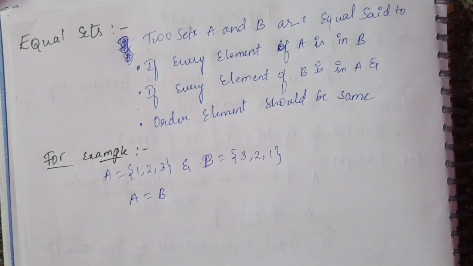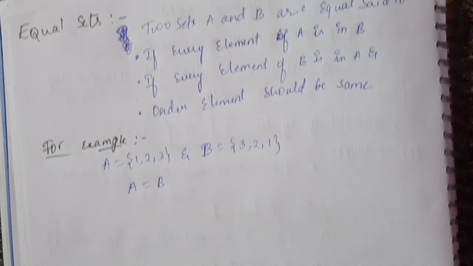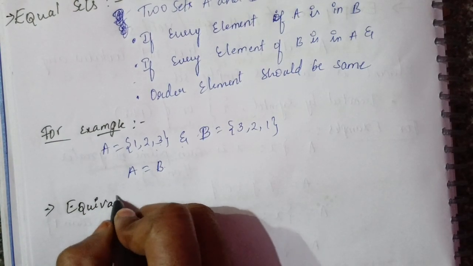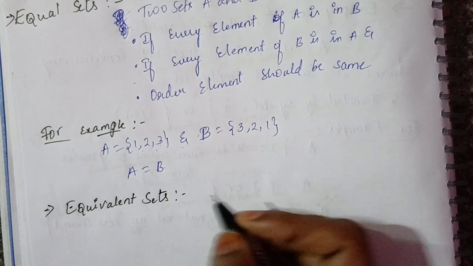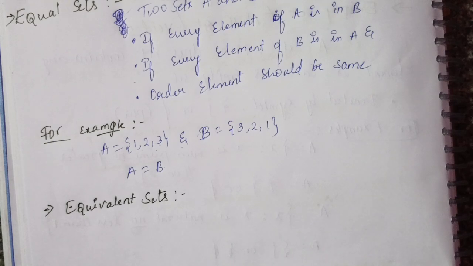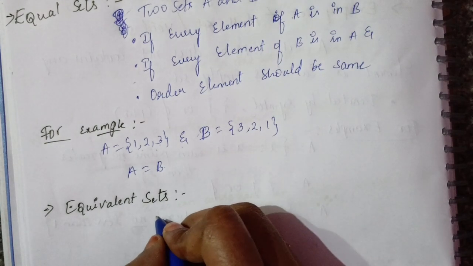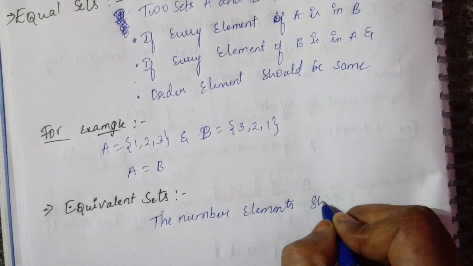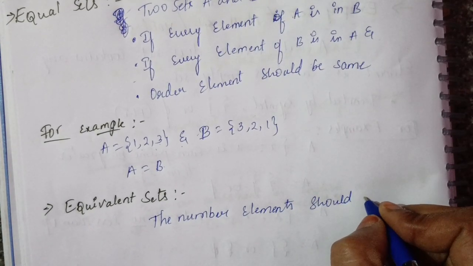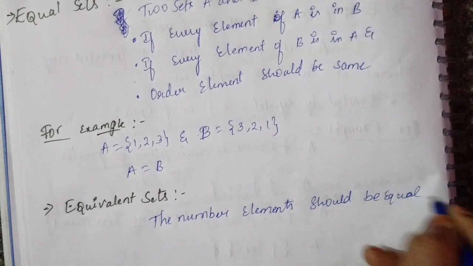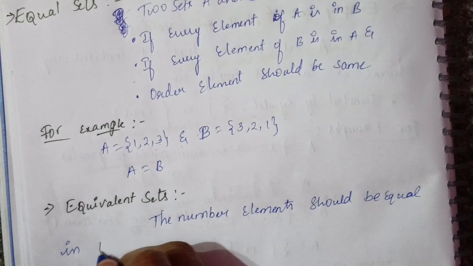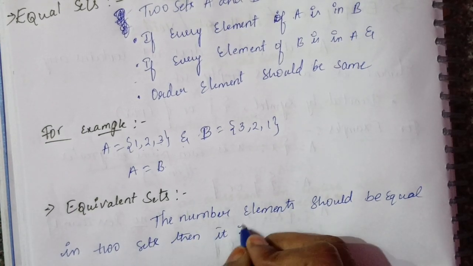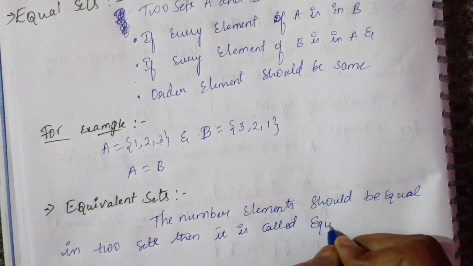Next we will go for equivalent sets. Equivalent sets means if two sets are equivalent, the number of elements should be equal in the two sets, then it is called equivalent sets.